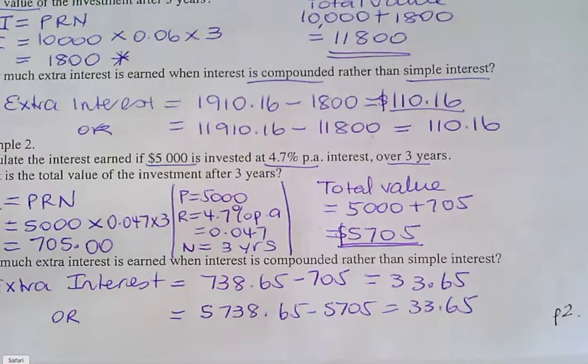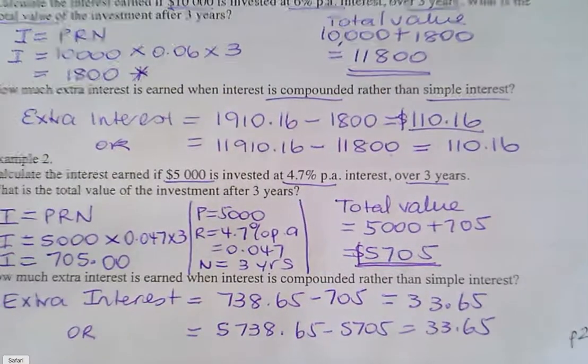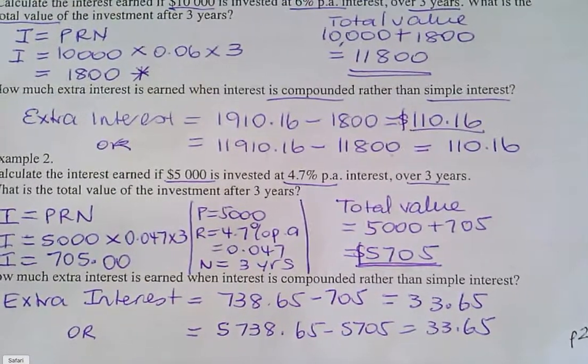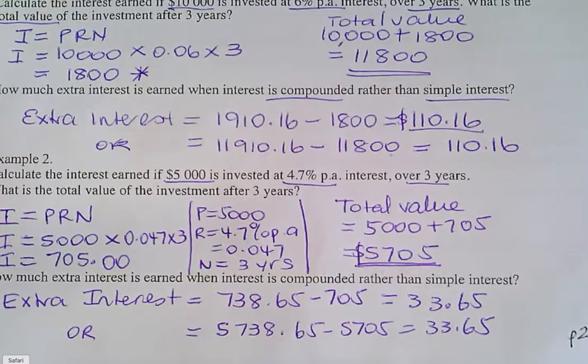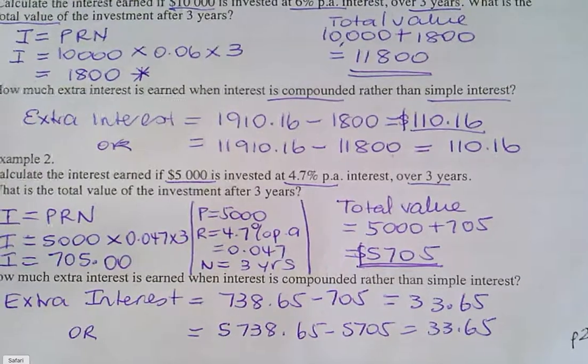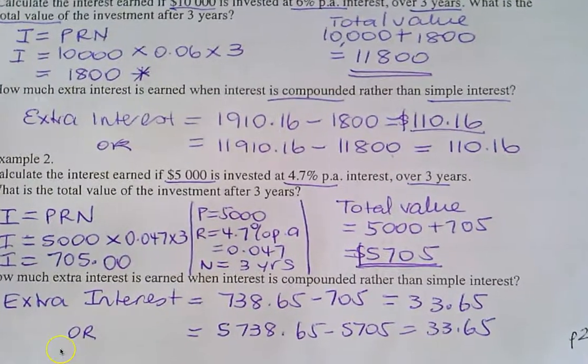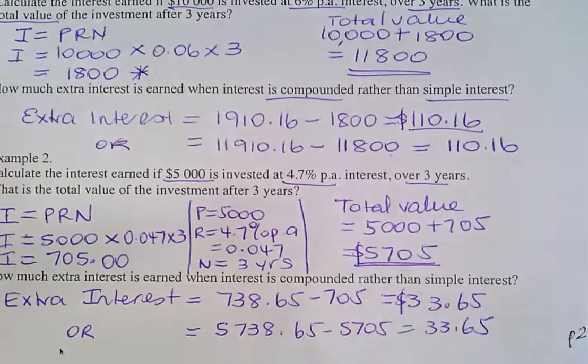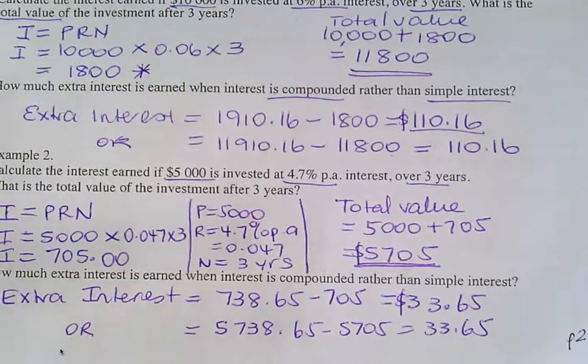Okay, so when you are investing money using compound interest, you will always earn more interest than if you invested it using simple interest. Why? Because you earn interest on your interest. Okay? All right, that's the end of pages 1 and 2.